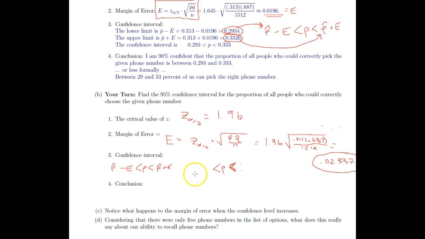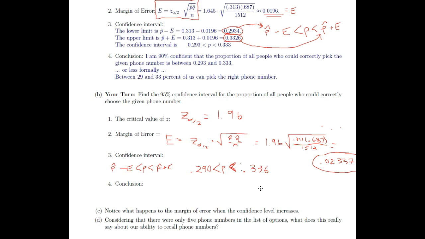So I'm going to round that to 3 decimal places, and I'll say 0.290. And my upper bound is going to be 0.313 plus 0.02337. And I got 0.33637, so I'm going to write that as 0.336. And there you have it.